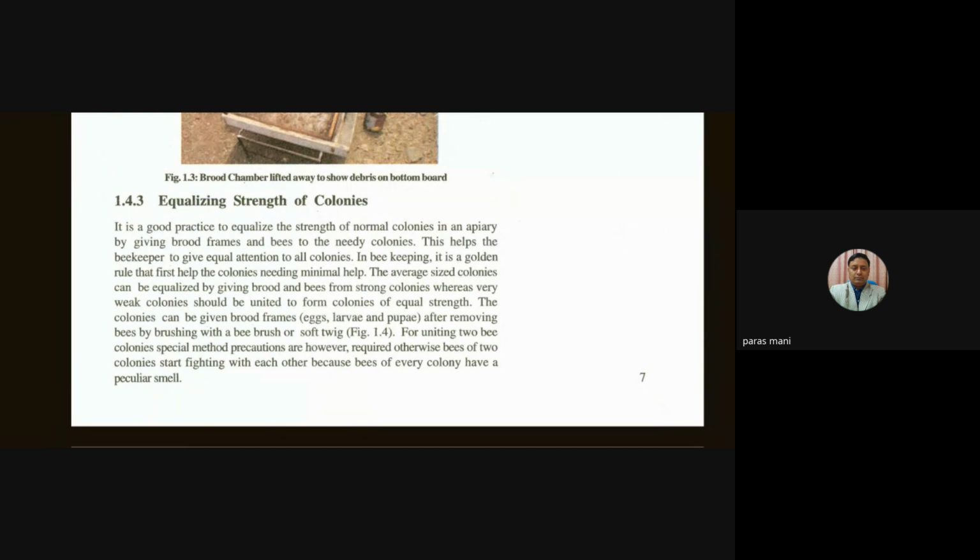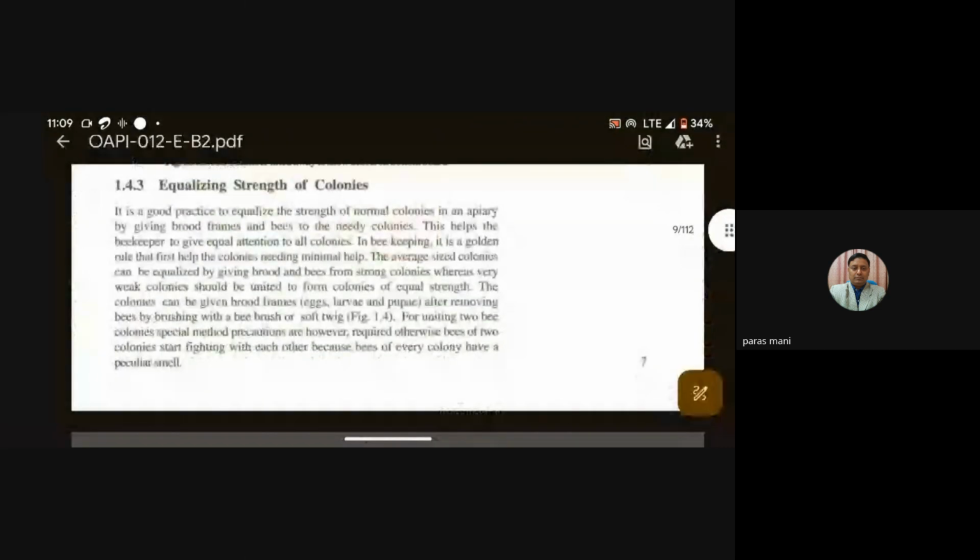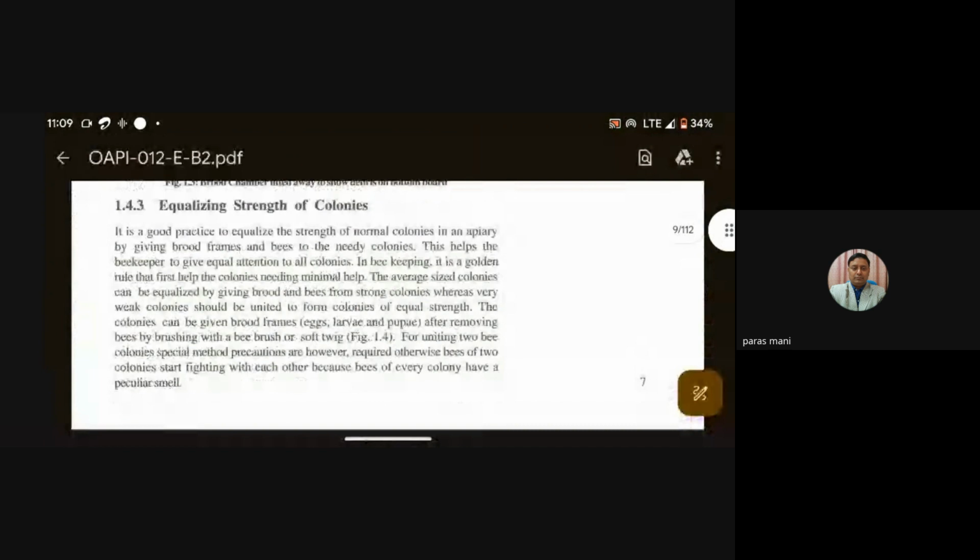From such colonies, we can lift frames of the brood chamber and place them in the brood chamber of the weaker colonies, so that the strength of the weaker colonies will improve.